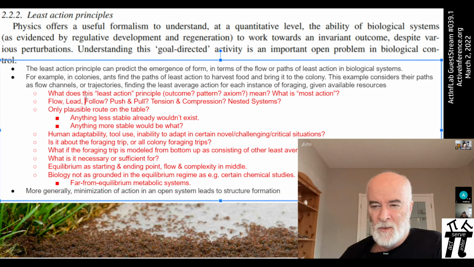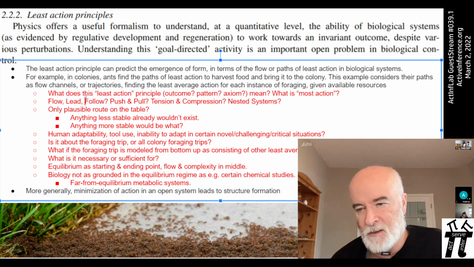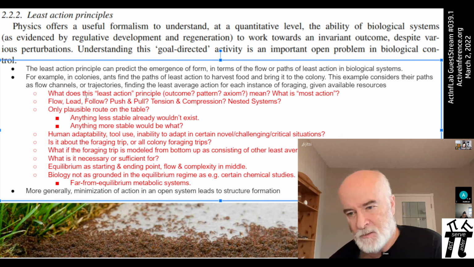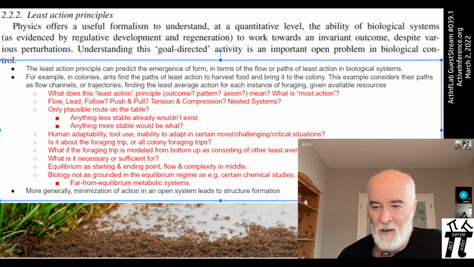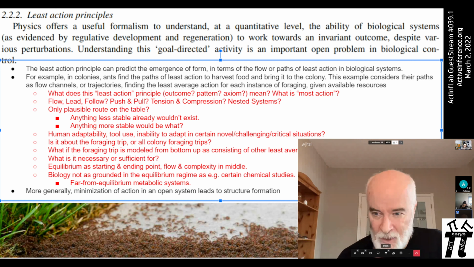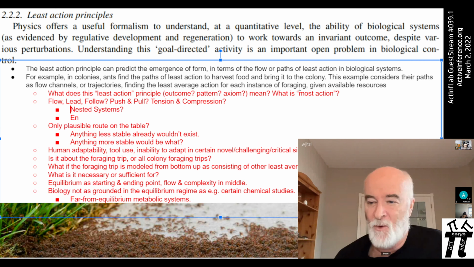So shifting that and making leadership something more lateral, going forward together, as opposed to deciding who we follow behind, is an interesting thing in terms of sussing out how this least action principle turns into things that we actually see phenomenologically.